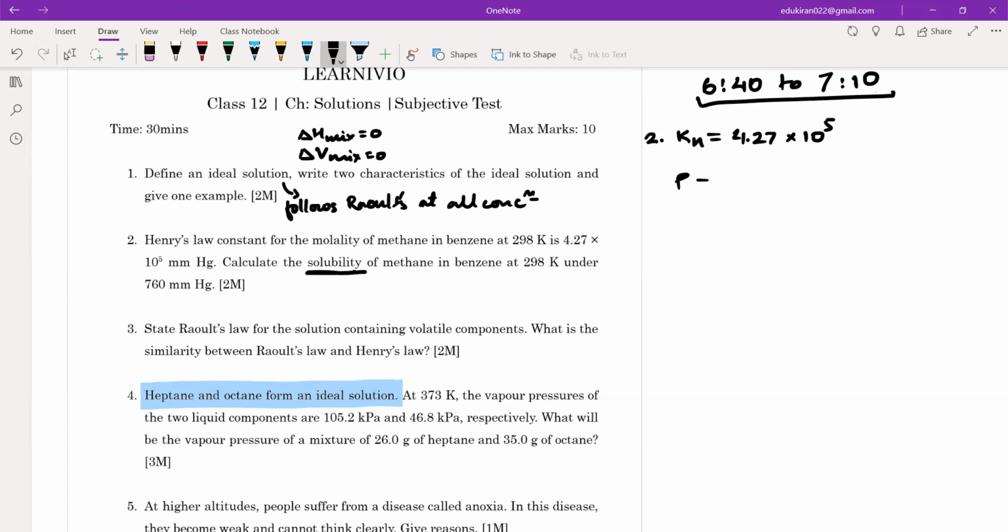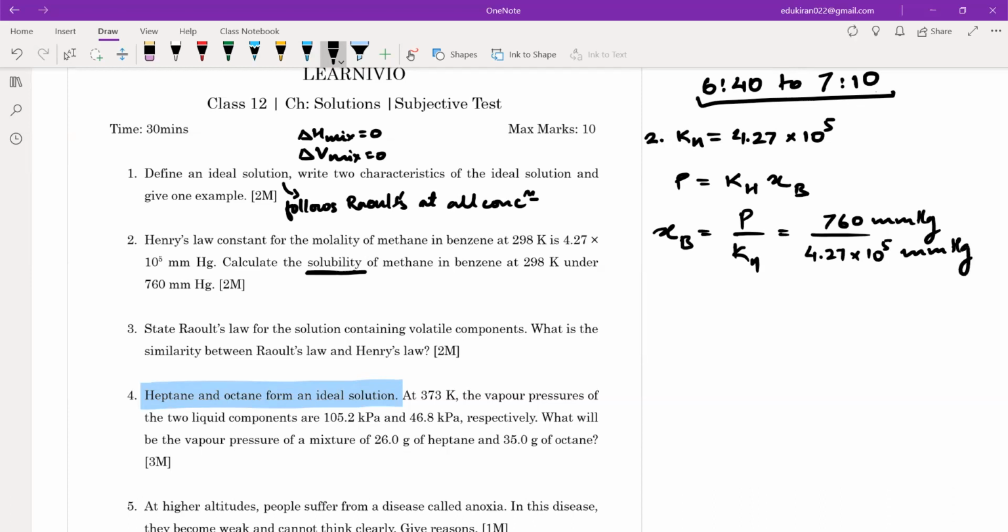So we write that pressure is equal to KH into chi B. Now we have to calculate chi B, so chi B is equal to pressure upon KH. Pressure in this case is 760 mmHg, divided by 4.27 into 10 to the power 5 mmHg.